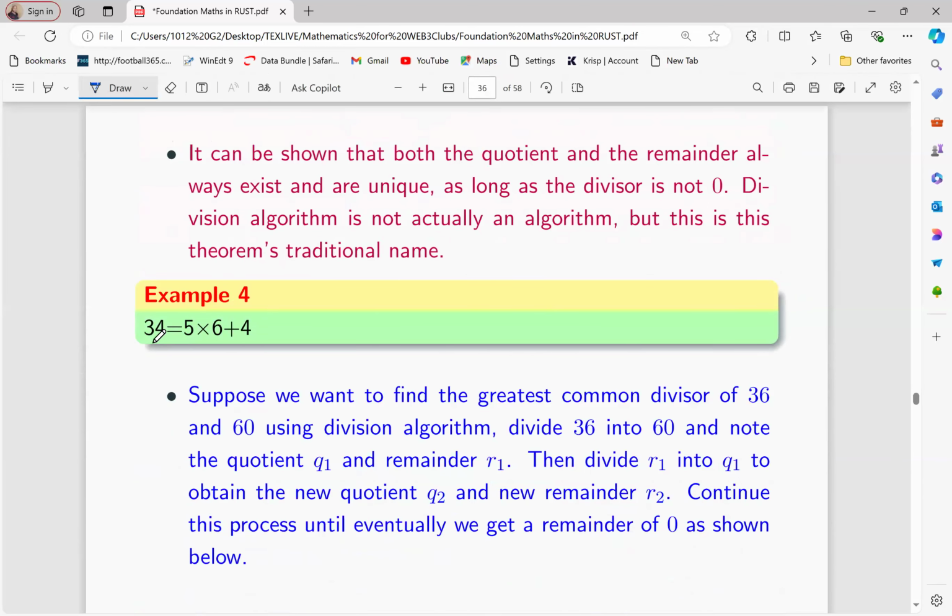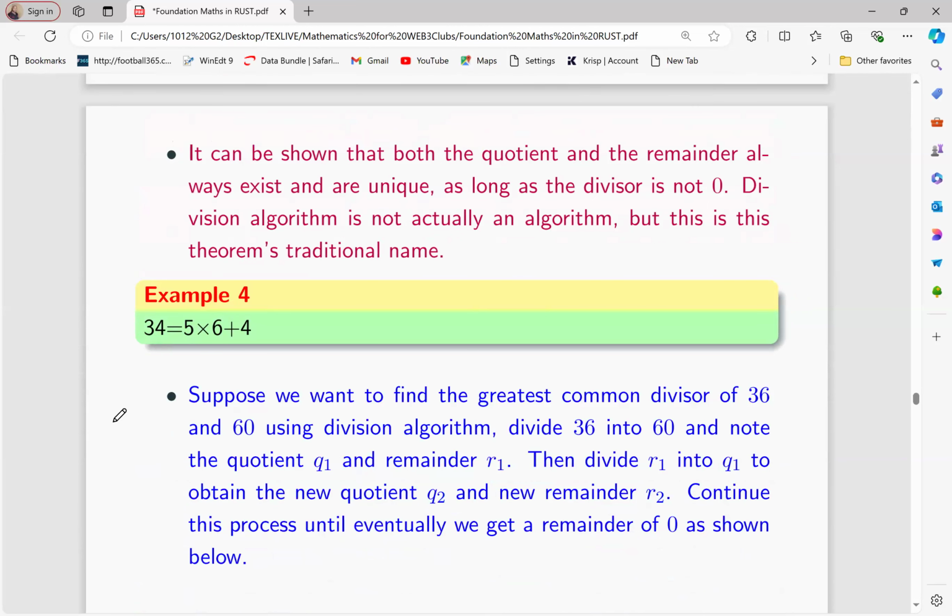For instance, if I'm given 46 and 5, then we can say that 5 goes into 46 9 times, and the remainder is 1. So this is what we call the division algorithm. Now, what about the Euclidean algorithm?